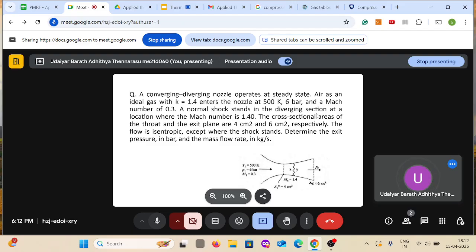So what is given is, we have a converging diverging nozzle as shown in the figure here. So the inlet conditions are specified. So it is Mach number 0.3, the subsonic flow, 6 bar and 500 Kelvin, and the throat section is 4 cm square, and your exit is at 6 cm square.